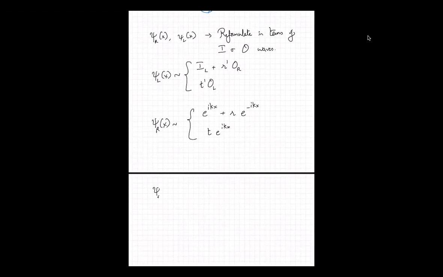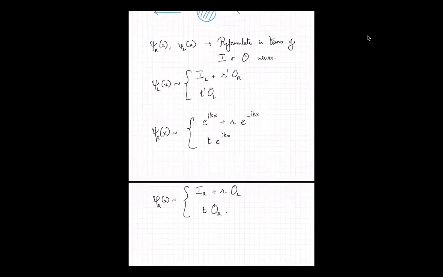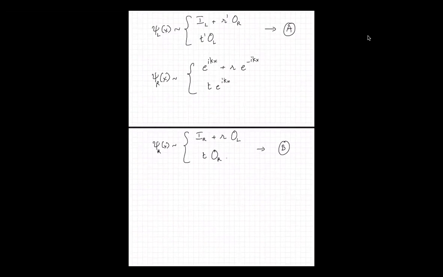So psi r of x in this language of incoming and outgoing radiation can be written as an incoming wave to the right plus a small reflected portion times an outgoing wave to the left, and similarly, t times outgoing wave to the right. Let us call this A and let us call this B. Everything is written in terms of incoming wave to the left and outgoing wave to the left, and incoming wave to the right and outgoing wave to the right.